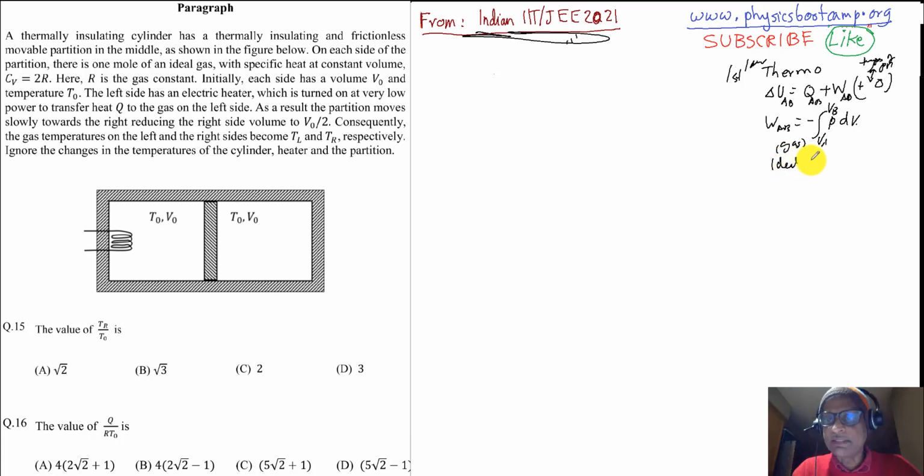For an ideal gas, you need some information. PV equals nRT, where n is moles and R is the gas constant.